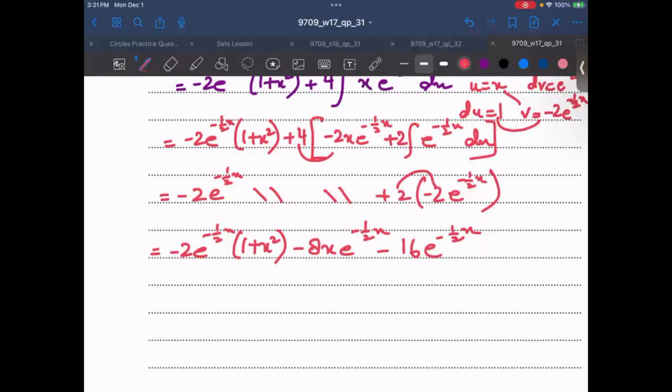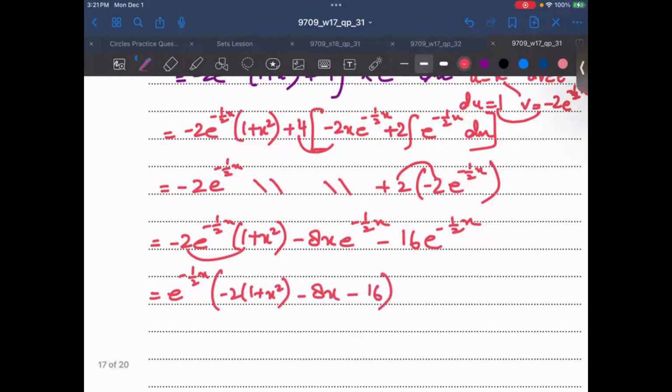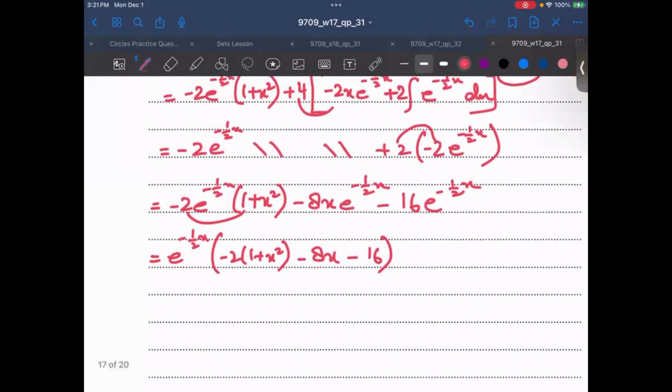Now simplifying this, we can take e power minus half x as common, and write this as minus 2 into 1 plus x squared minus 8x minus 16. Simplifying this, we get e power minus half x into, minus 2 minus 16 will make it minus 18, minus 2 times x squared is minus 2x squared, minus 8x.